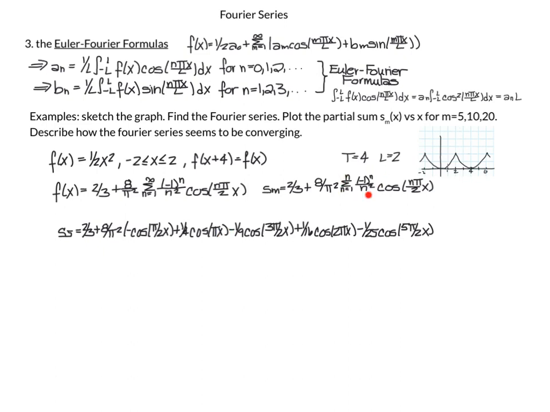For n equals 3, I get a negative 1 over 9 times cosine of 3 pi over 2 x. For n equals 4, I get a positive 1 over 16 cosine of now 2 pi x. And then n equals 5, I get minus 1 over 25 cosine of 5 pi over 2 x.